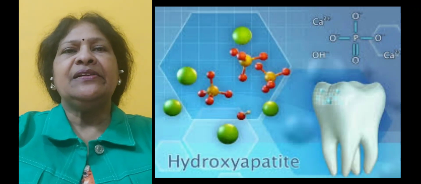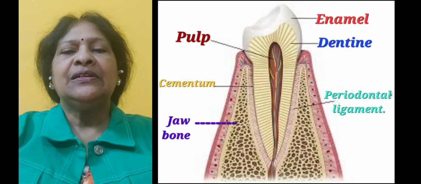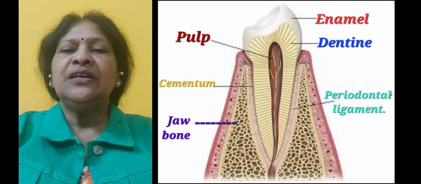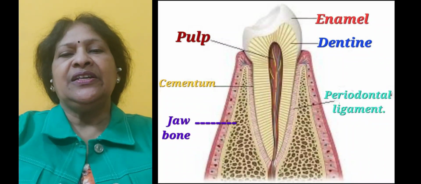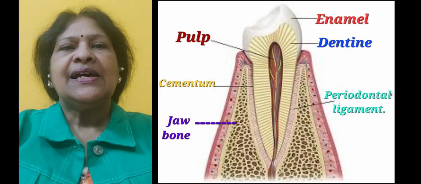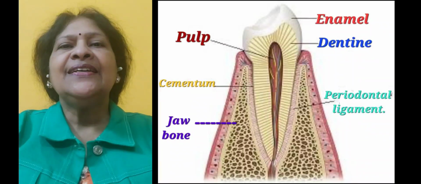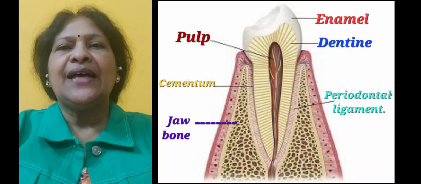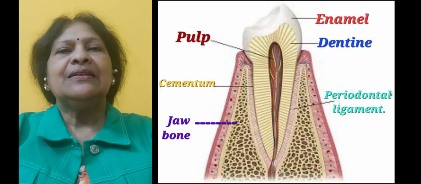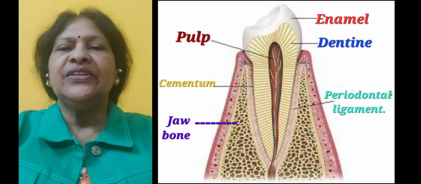Following the enamel, we have a structure which makes the bulk of the teeth in its anatomy, and this is called the dentine. This dentine is secreted by the odontoblast cells, and this is a living part of the teeth.